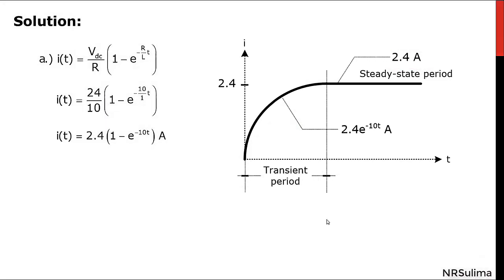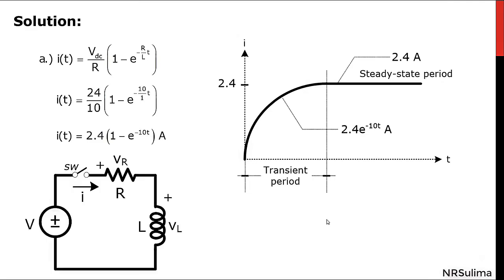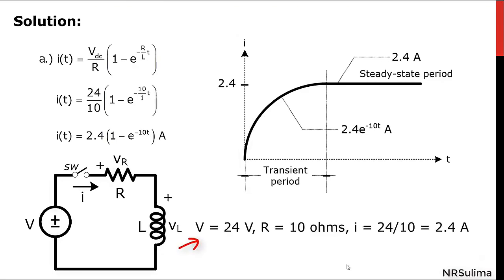Remember that the given circuit is a series connection of R and L whose supply voltage is equal to 24 volts DC and whose R is equal to 10 ohms. If we treat the circuit as a purely resistive one and solve for current by dividing 24 over 10, the answer will be the same as the steady state value.